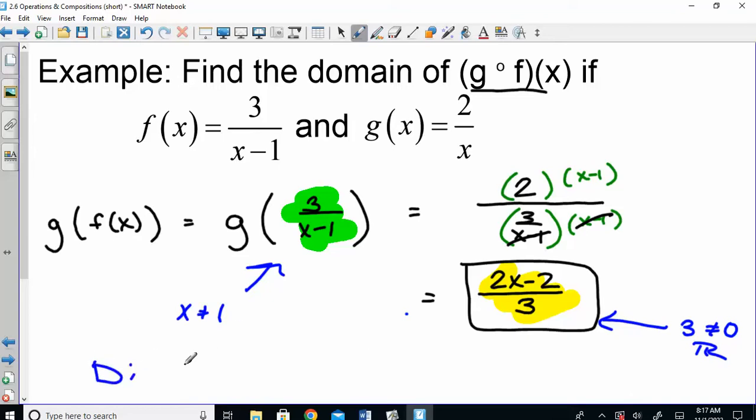So when I put these two together, this one can't be 1, that one can be anything. It's everything except 1. Is this okay with everybody?